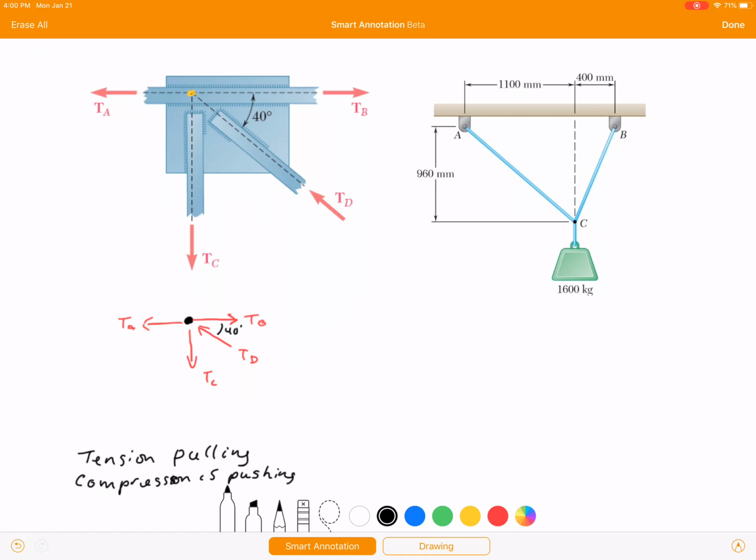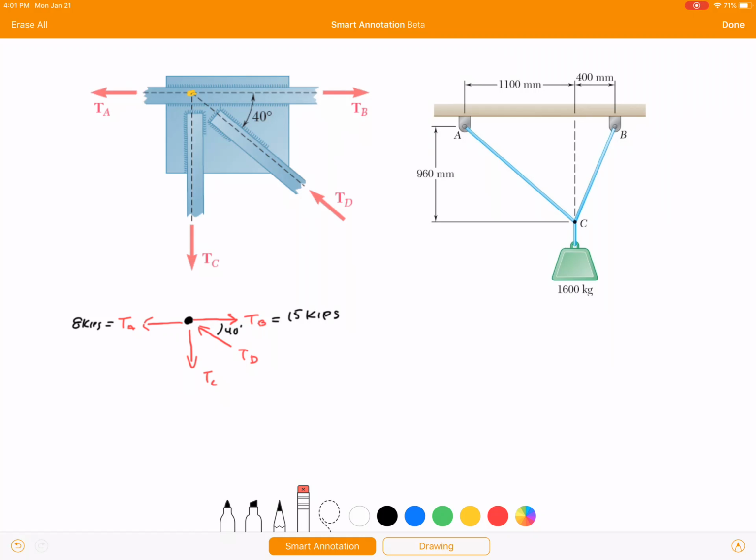So now let's say that TB here is 15 kips. If we know that's 15 kips and TA here is 8 kips, we can use our equilibrium equations to determine what the values of the other forces are. And so let's try that right now.